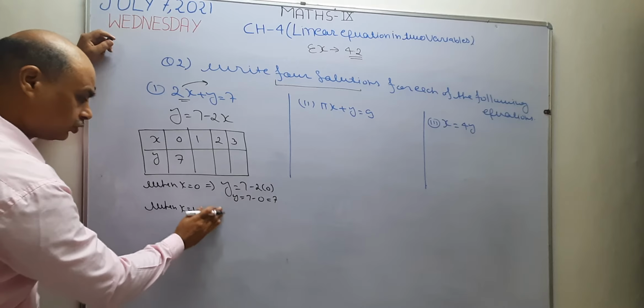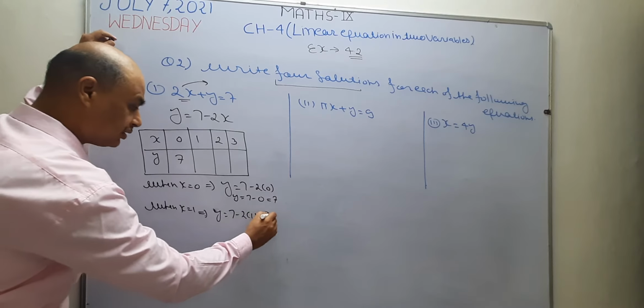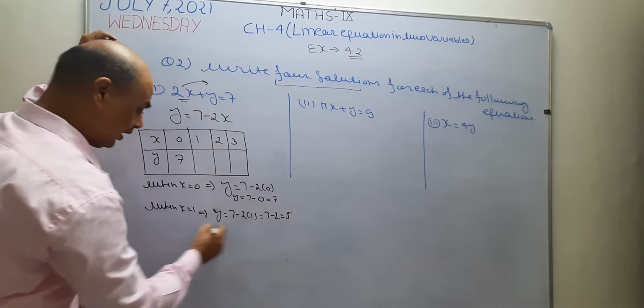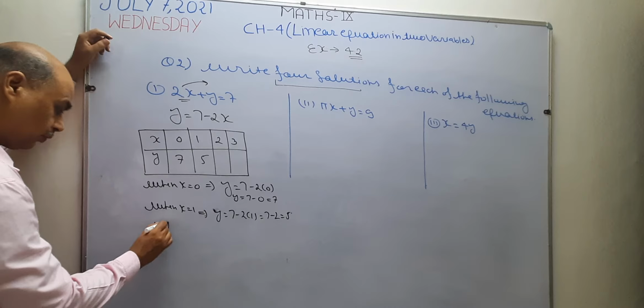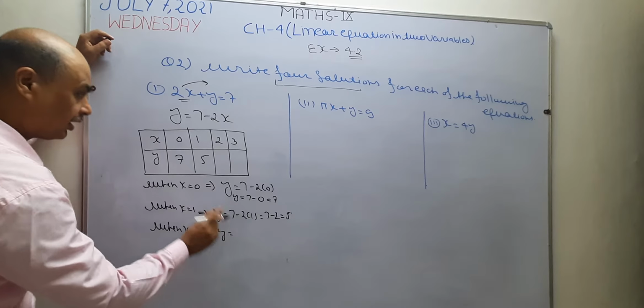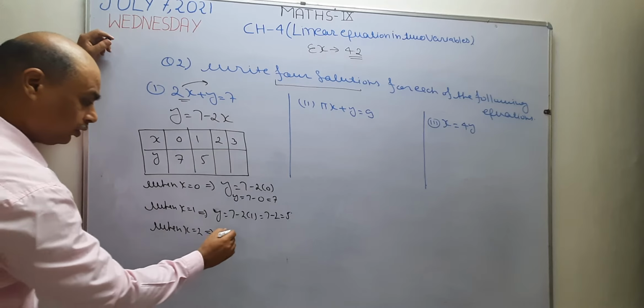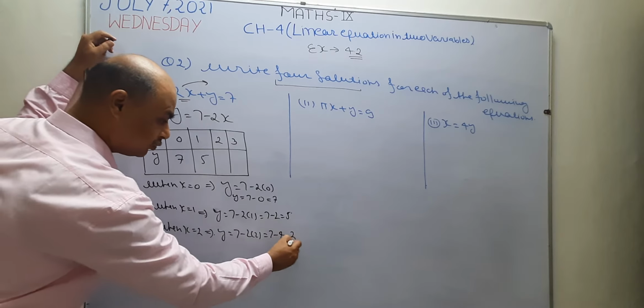So y equal to 7 minus 2 into 1. 7 minus 2 equals 5. So the value of y becomes 5. Now when x equal to 2, write 2 instead of x. 7 minus 2 into 2, 7 minus 4. 7 minus 4 is 2.